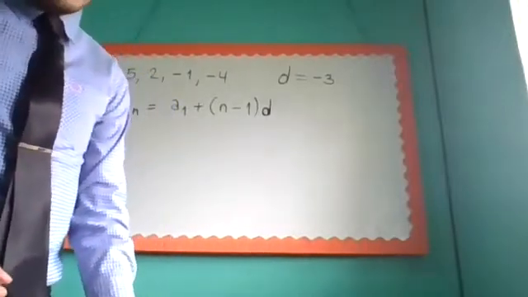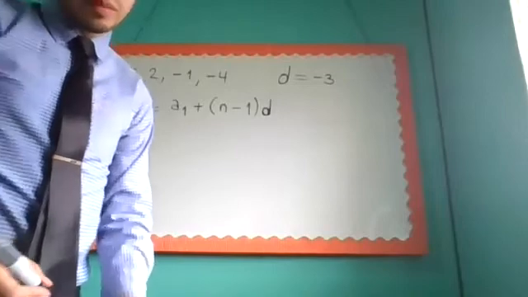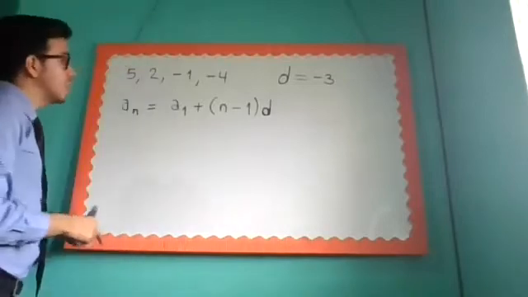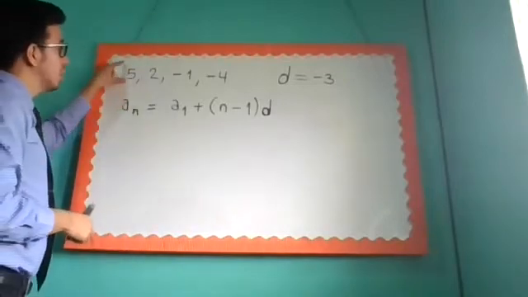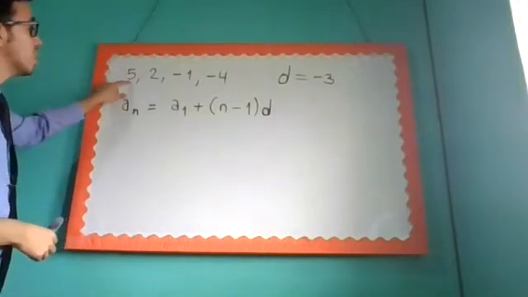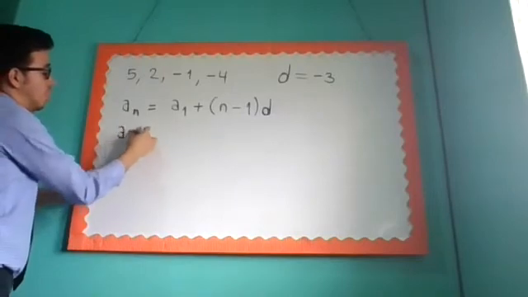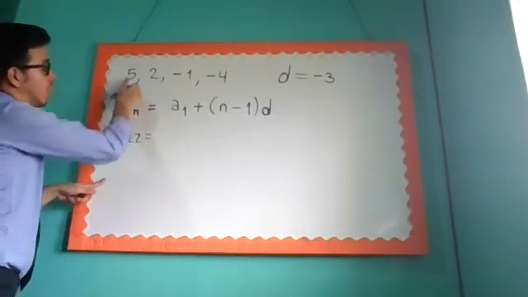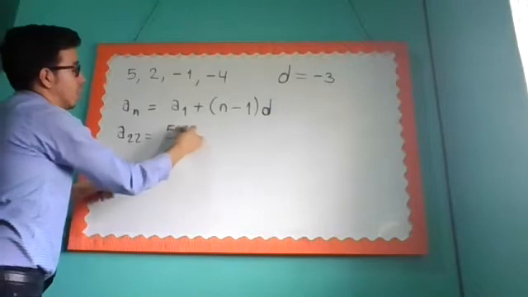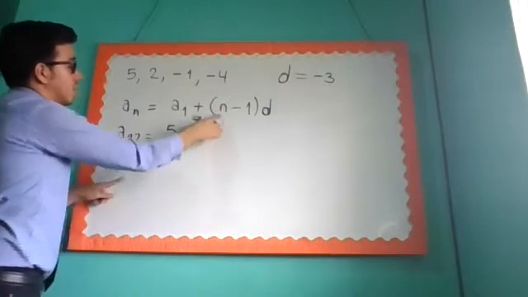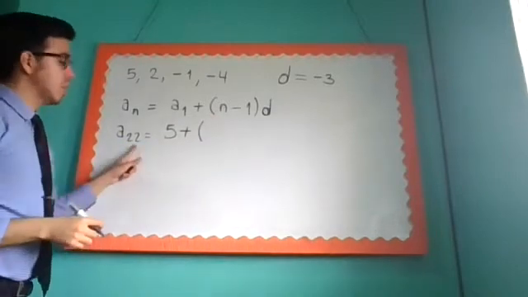So you replace. In this case, a sub 1 is this, right? This is the first term I have. This is 5. So a sub 22 is going to be a sub 1, that is 5, plus n, the number we are going to obtain is 22.